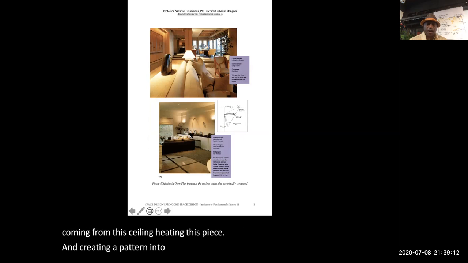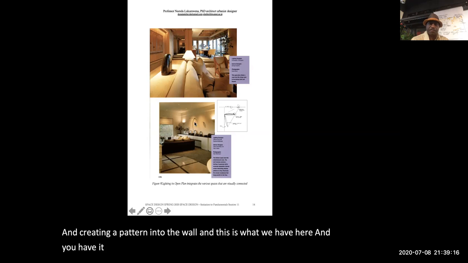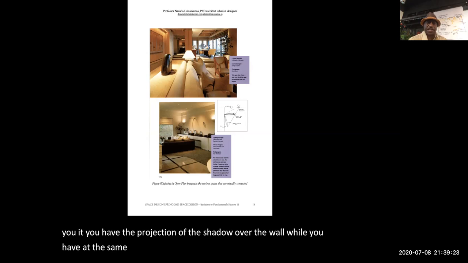And this is what we have here. You have the projection of the shadow over the wall, while at the same time lighting hits that same wall and creates a bit of drama.